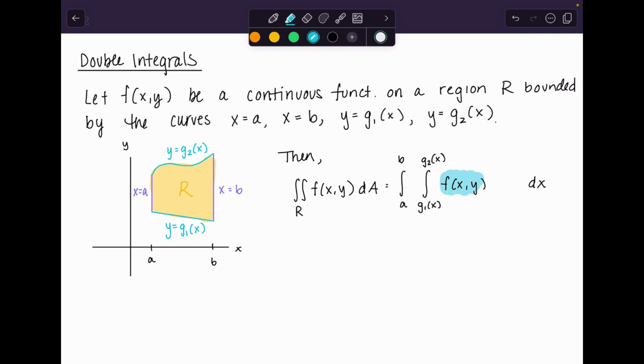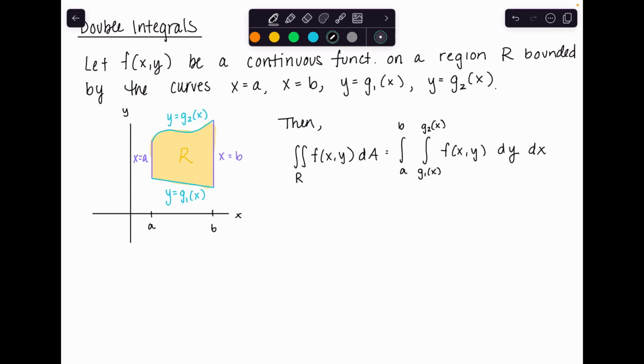Because what happens is then when you find this integral, you'll evaluate y at these functions of x, and again it turns it solely into an integral dealing with x. All of your y's will disappear. So here you do y first, then x. Now instead, if I have the opposite, if I'm given maybe my y as constant bounds, but my x is variable, then I want to do the opposite thing.